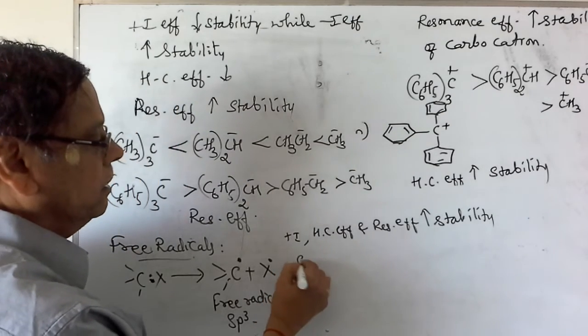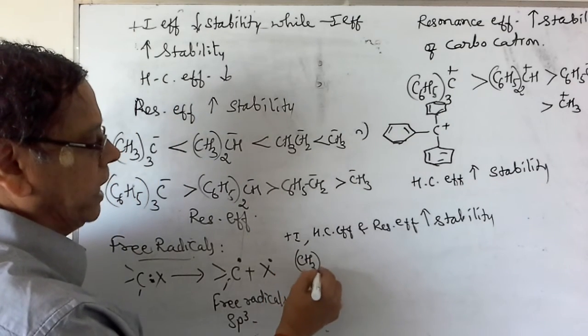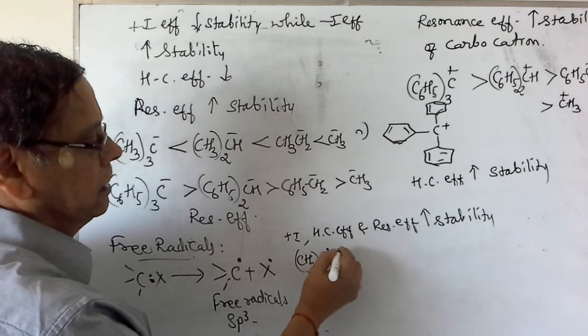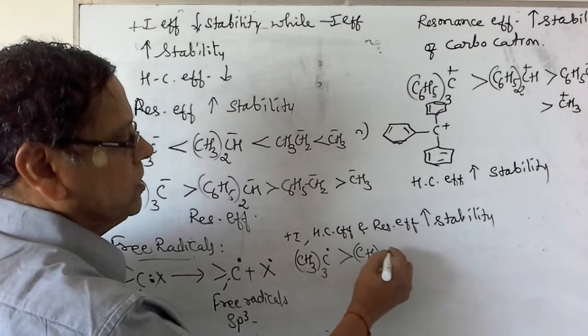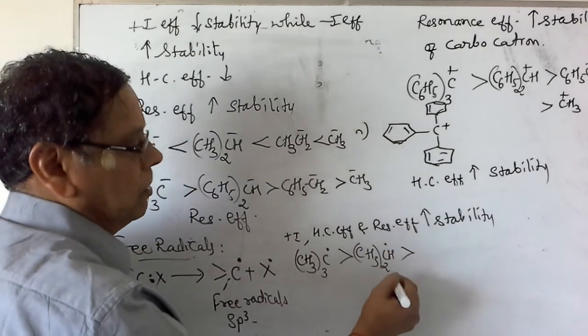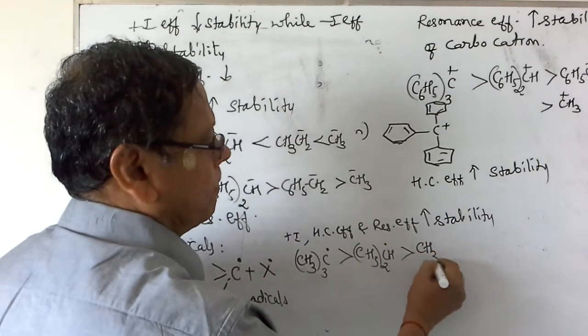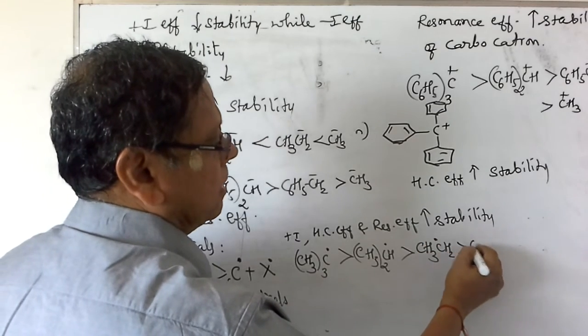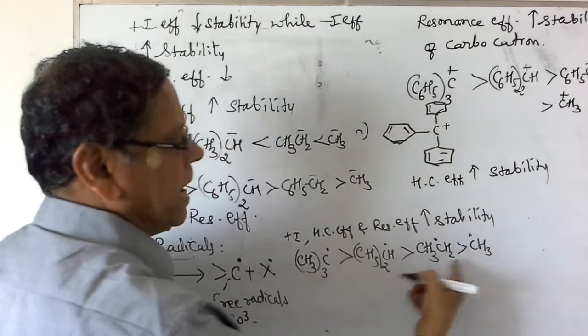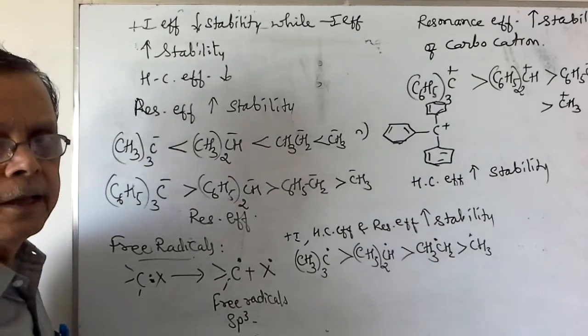So according to that, tertiary butyl free radical is more stable than secondary (CH3)2CH free radical, more than ethyl CH3CH2, more than methyl free radical. Same as in case of the carbocations.